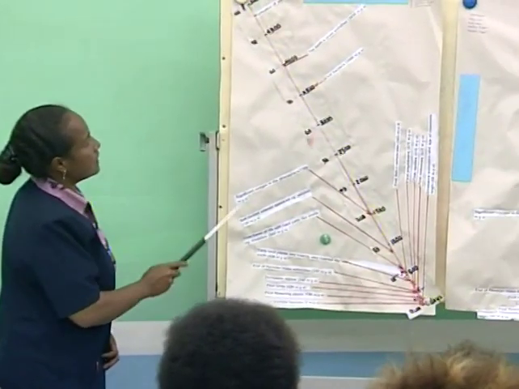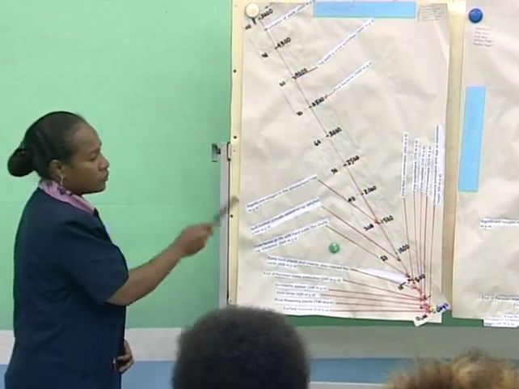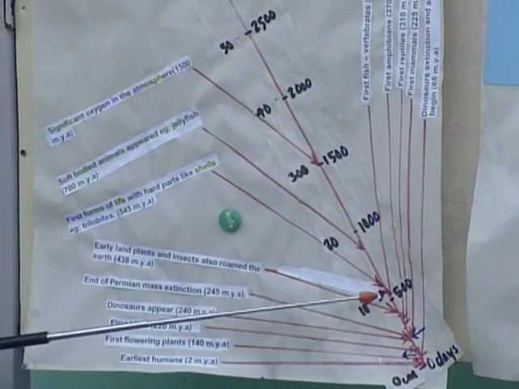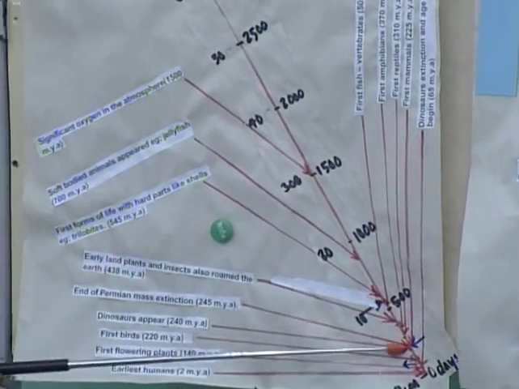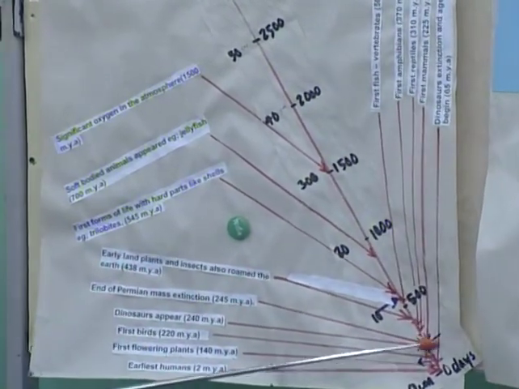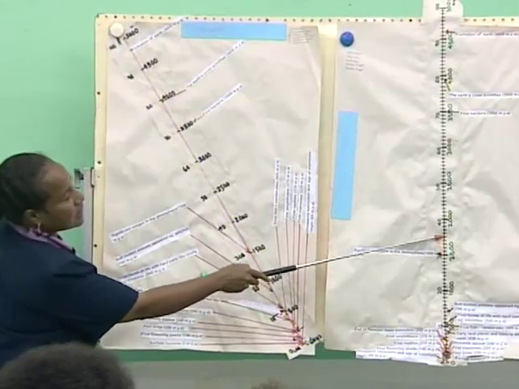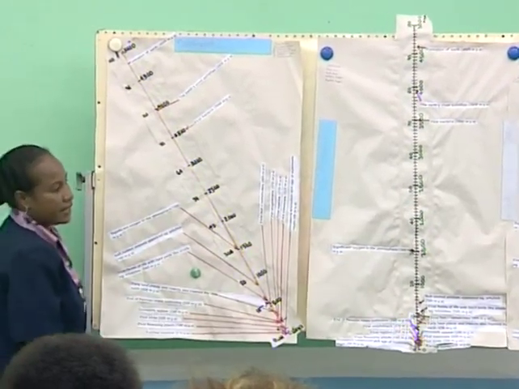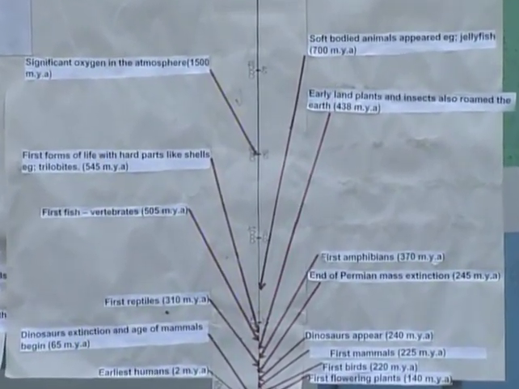Okay, they decided to place their strip sideways from one corner to another, and they've drawn arrows to the specific parts where these events took place. Next group decided to have small scales in the middle, which was good, and they placed their events. And the last group also did a neat work with the arrows pointing to the certain different events that living things existed long time ago.